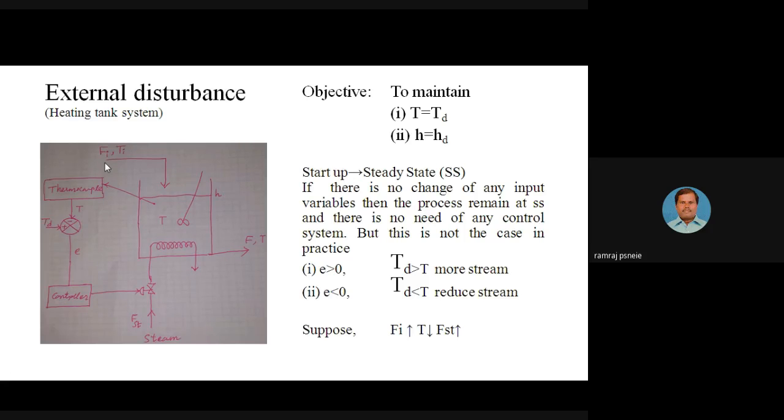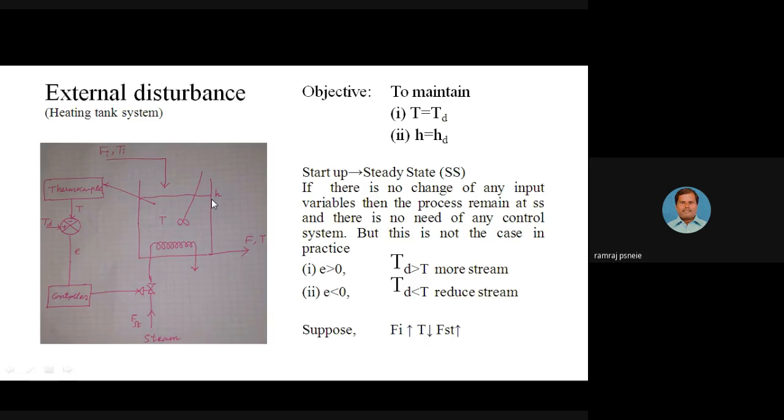If no changes occurred in the inlet liquid flow, inlet liquid temperature and inlet steam, if these external inputs are not changing at all, that time no change will happen in the outlet liquid flow, temperature and outlet liquid height. There are no changes happening over there.